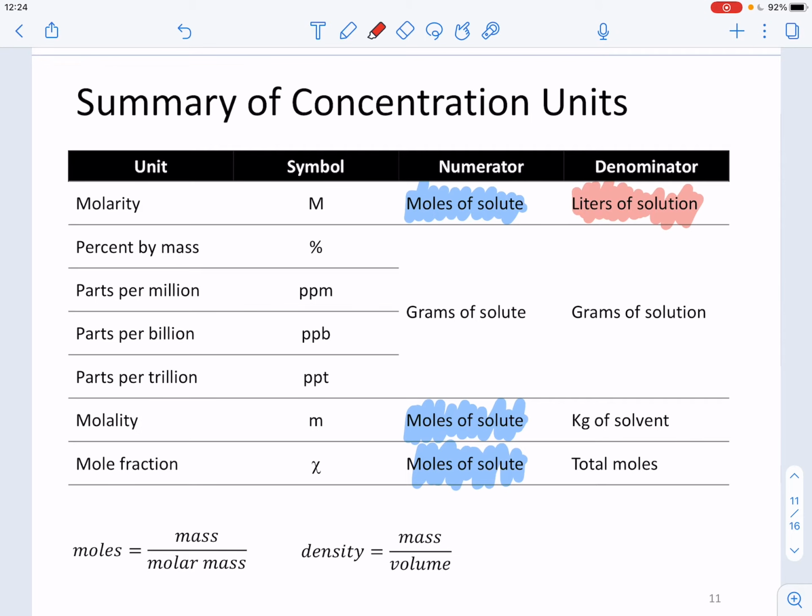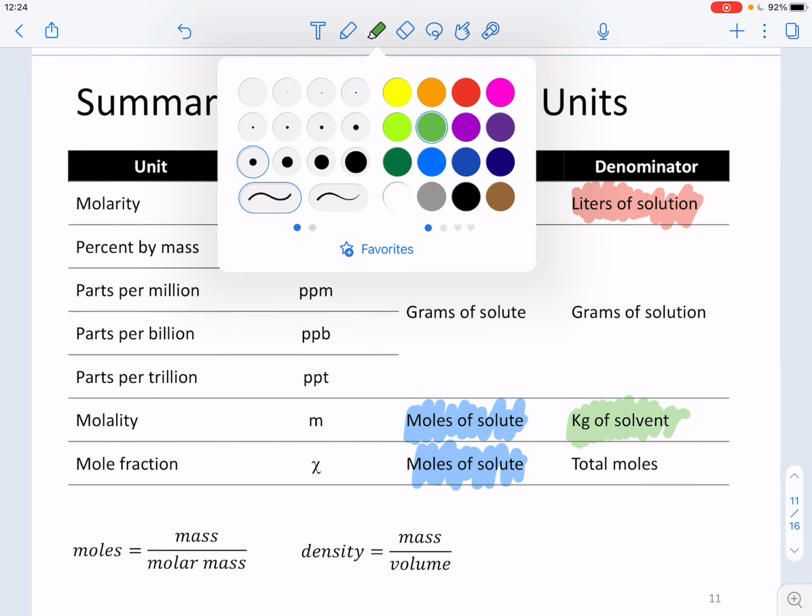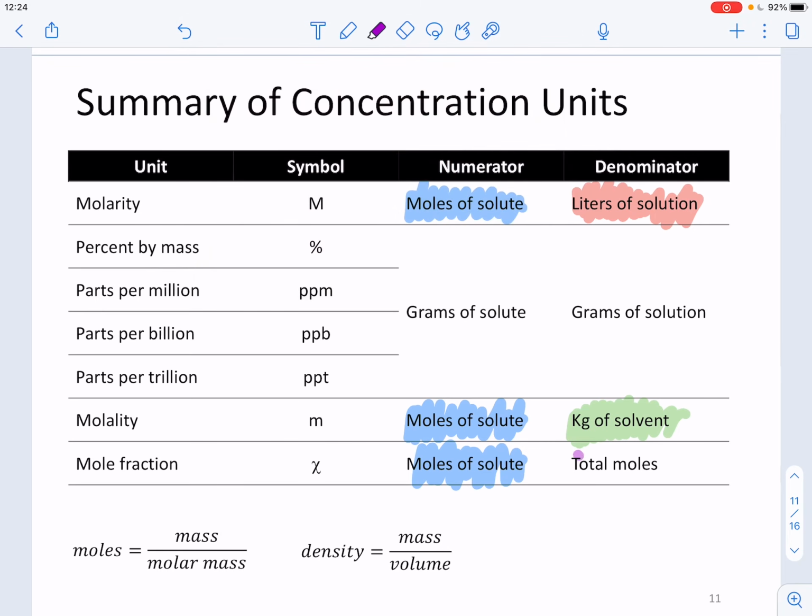For molarity it is liters of solution, for molality it is kilograms of solvent, and for mole fraction it is the total number of moles. They all use the same numerator, but they have a different denominator.